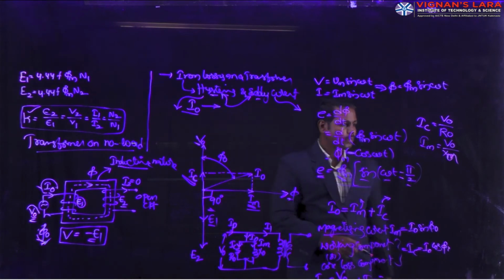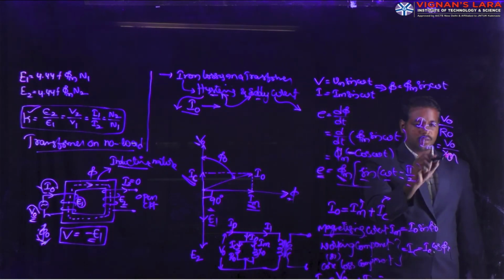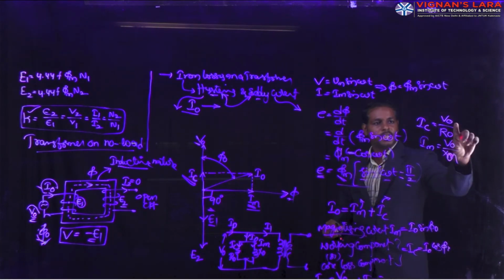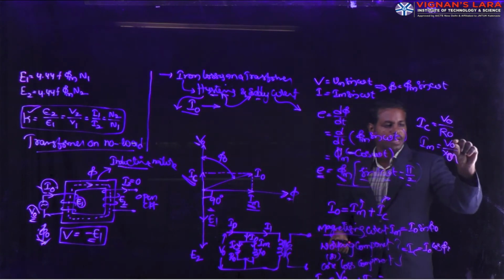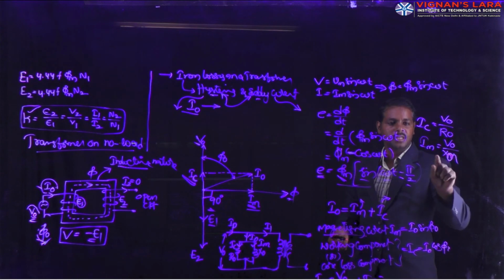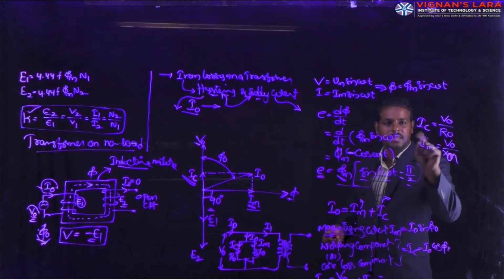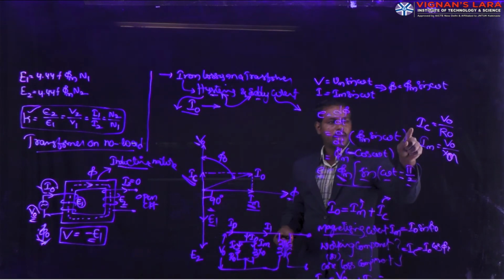Here V naught is the input voltage, so V naught by R naught or V naught by X naught gives the core loss or working component and the magnetizing current.